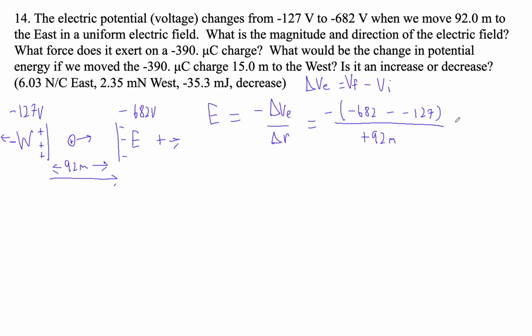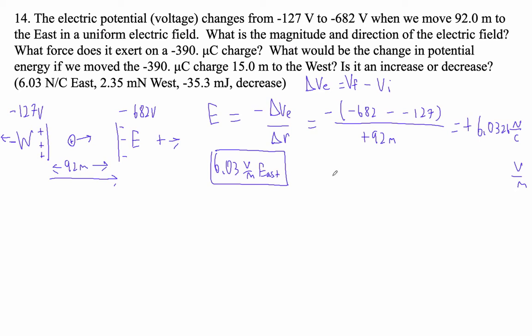And that is, believe it or not, a positive 6.0326 newtons per coulomb or volts per meter. So that means it's to the right, which would be east. So 6.03 volts per meter east. Remember, a volt per meter is the same as a newton per coulomb.